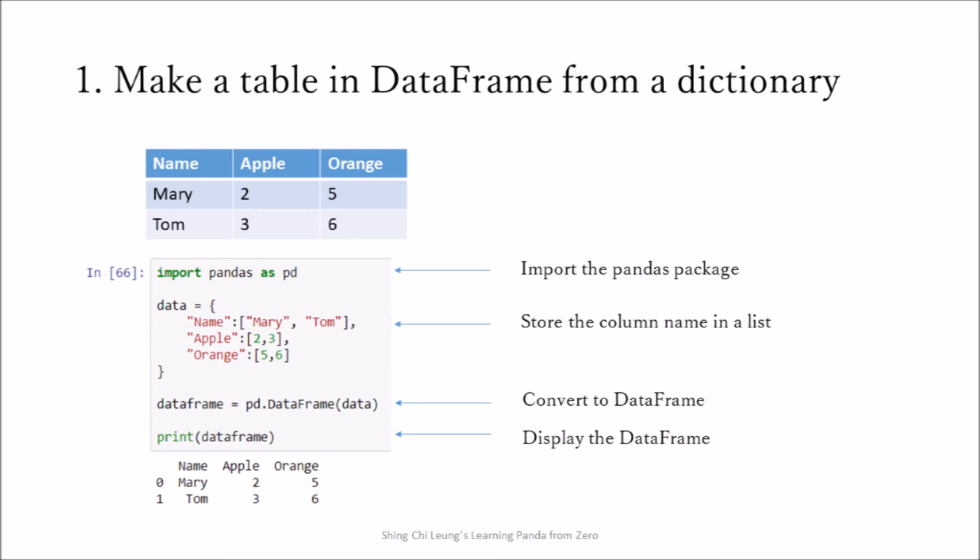Then we can convert the dictionary to a data frame by using the command I just mentioned. If we print the data frame, here is your first data frame which looks very similar to the table above. Notice that because we do not pass any information about the index, Pandas by default assigns numeric 0, 1, 2, and so on to each row as the index.